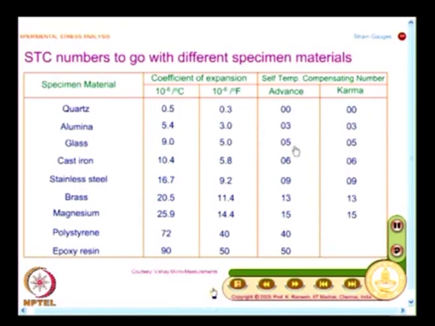Whatever the STC number for a particular specimen material, the same number is given whether you make it out of advance alloy or karma alloy. So what you will have to keep in mind is, when you say self temperature compensated gauge, it is meant for a particular specimen material.